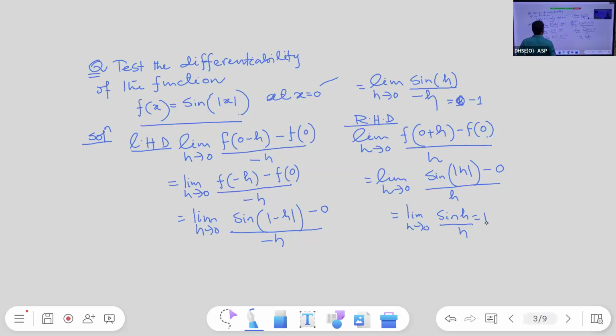The left hand derivative exists, the right hand derivative exists, but they are not equal. Here the left hand derivative is minus 1, the right hand derivative is 1, hence they are not equal, hence the function is non-differentiable, right? Then next question.